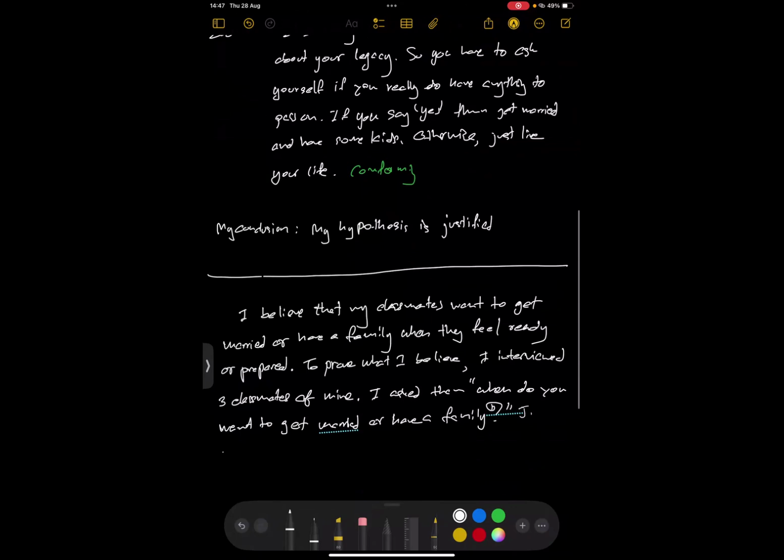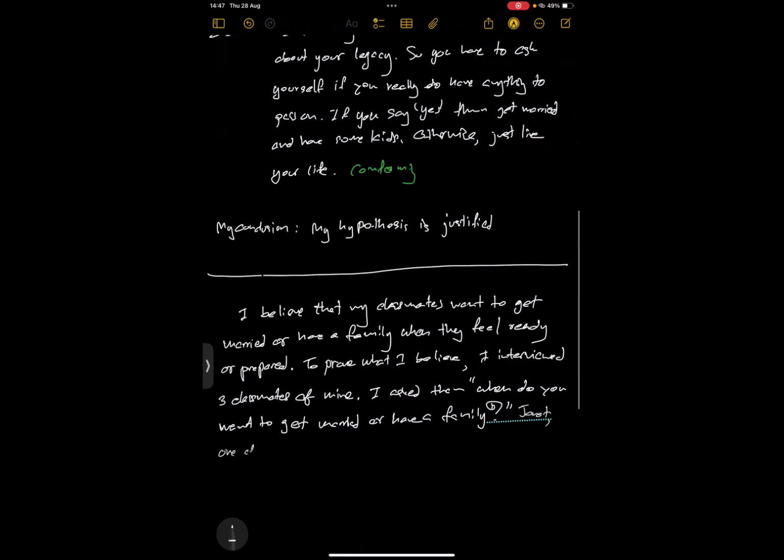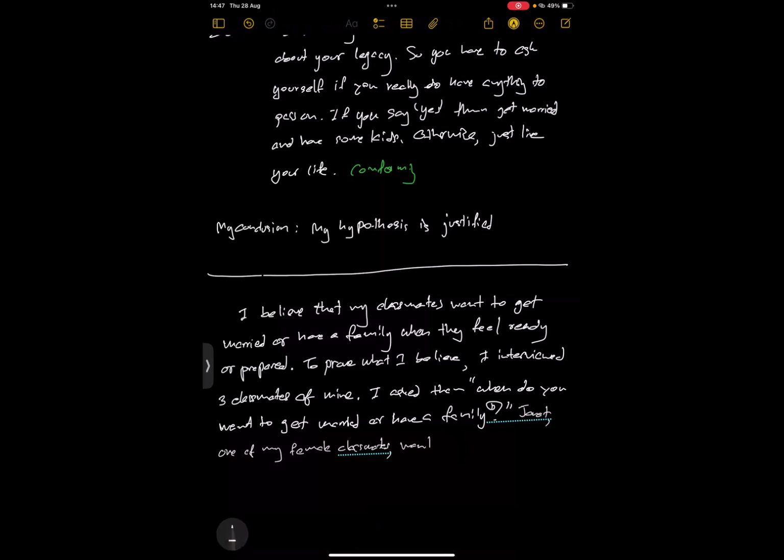Janet, one of my female classmates, says that she wanted to get married before she turned 40.